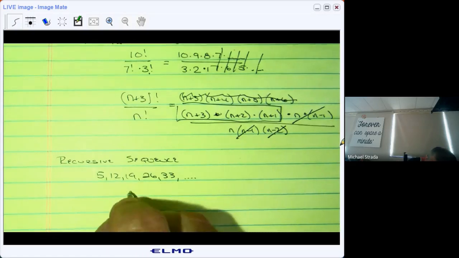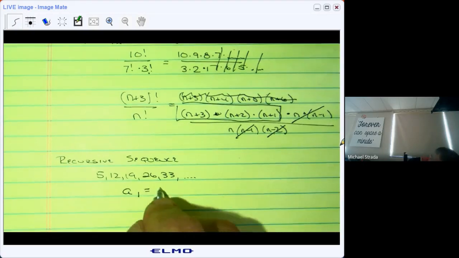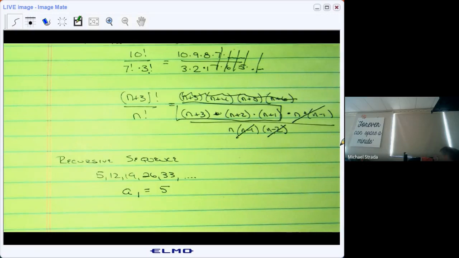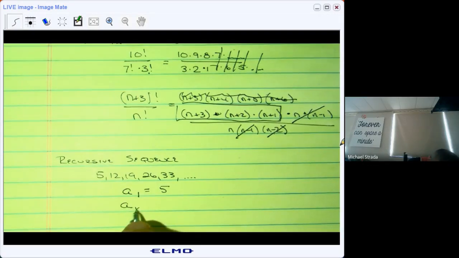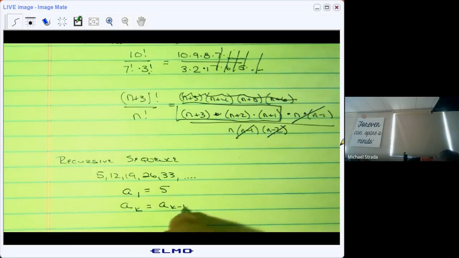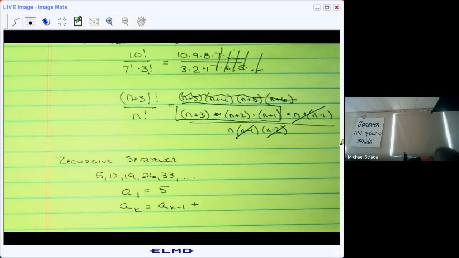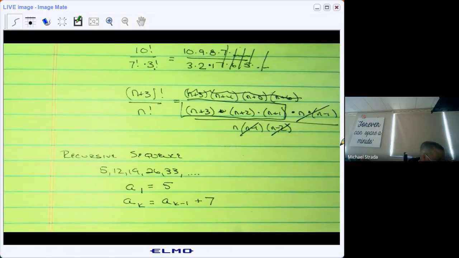So you have to identify the first term. a sub 1 equals what? 5. And then a sub k equals a sub k minus 1 plus what? What number is going up each time? 7. So that's how we define recursive sequences.